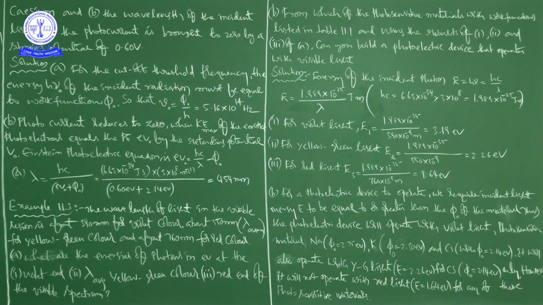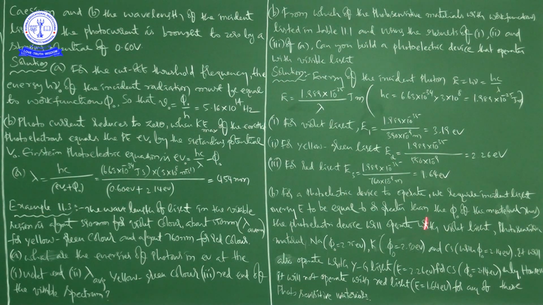Come to this point. First we will discuss, as I told you, the energy of the incident photon, that is E is equal to h nu, that is equal to hc by lambda. We want to find the E value in terms of lambda, because lambda we don't know.